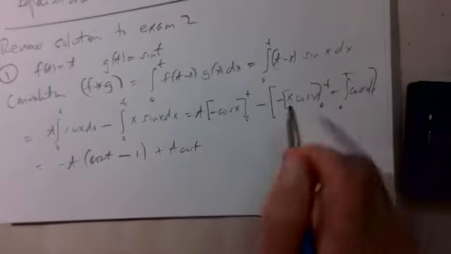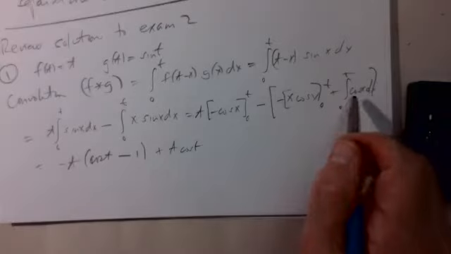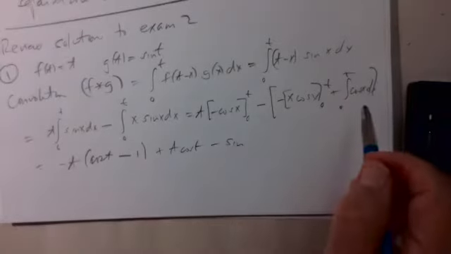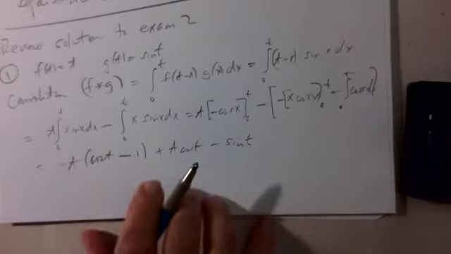And this, when x equals 0, is 0. And this is minus the integral of the cosine, which is minus the sine evaluated from 0 to t. So that's minus sine t. And we get some cancellation. Minus t cosine t cancels this.